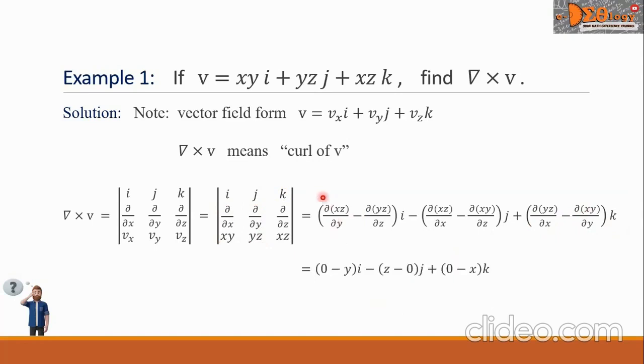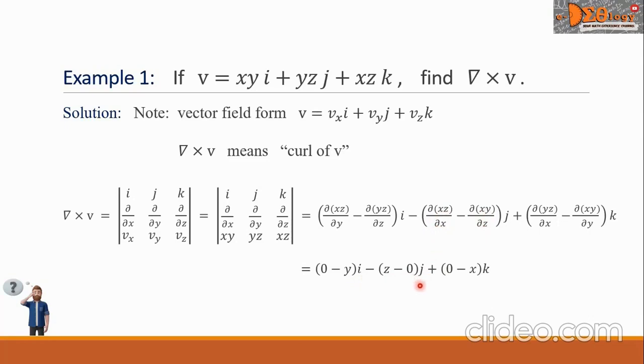Simplifying now, the partial derivative of xz with respect to y is 0. xz here is considered to be constant. Minus partial derivative of yz with respect to z is y. Then we copy the component i. Minus partial derivative of xz with respect to x is z. Minus partial derivative of xy with respect to z is 0.